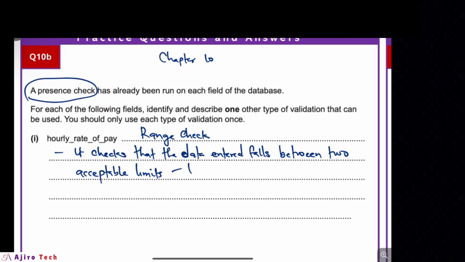So we have what? The lower and what? Higher limit. Yeah, that's the right word. Okay.